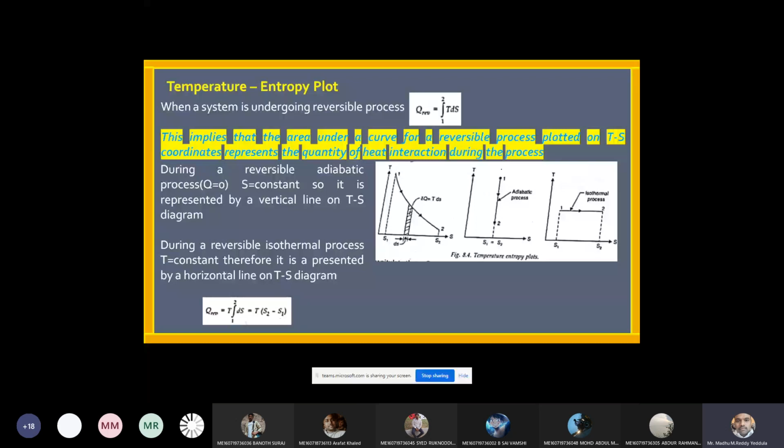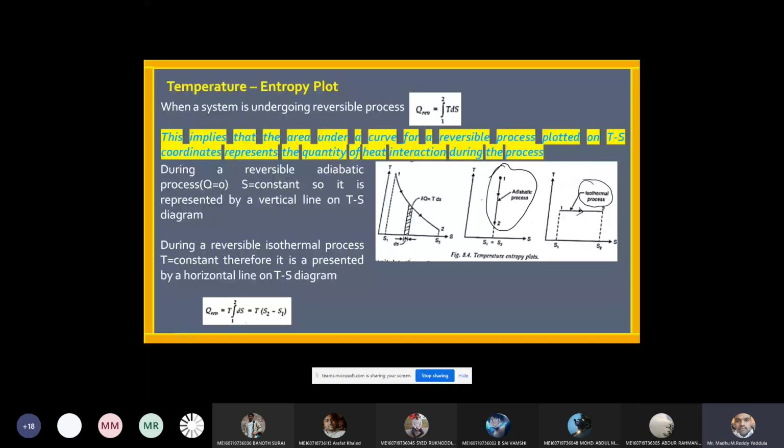So adiabatic process is entropy is constant. Entropy at state 1 should be equal to entropy at state 2. Therefore, isentropic process is represented by a vertical line in the TS diagram, and for isothermal process, temperature is constant. It is represented by a horizontal line in TS diagram.